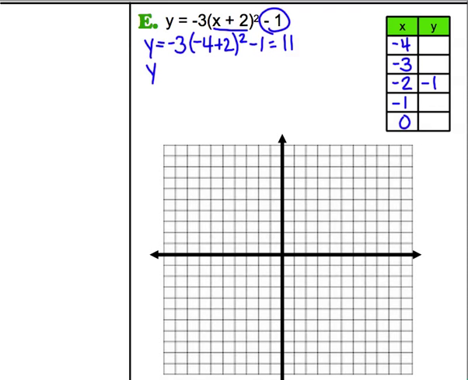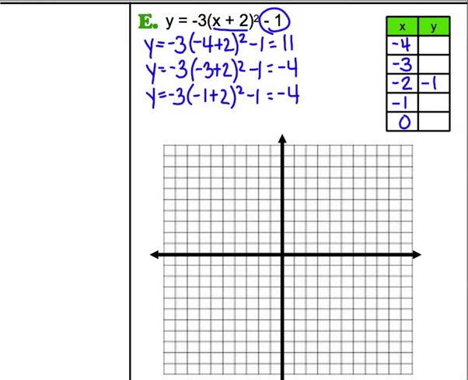Then we have y equals -3 times (-3 plus 2) squared minus 1. -3 plus 2 is -1. -1 squared is 1. 1 times -3 is -3. -3 minus 1 is -4. y equals -3 times (-1 plus 2) squared minus 1. -1 plus 2 is 1. 1 squared is 1 times -3 is -3. -3 minus 1 is -4.